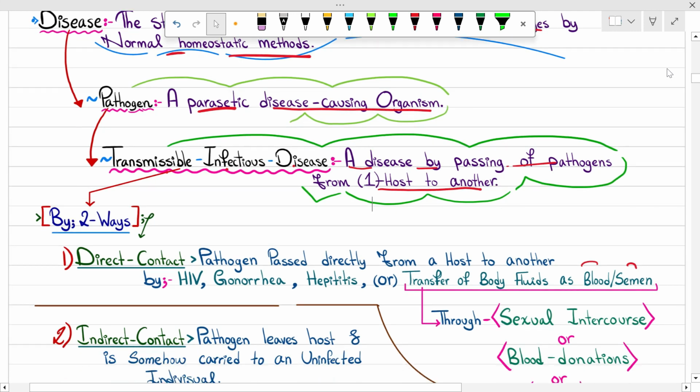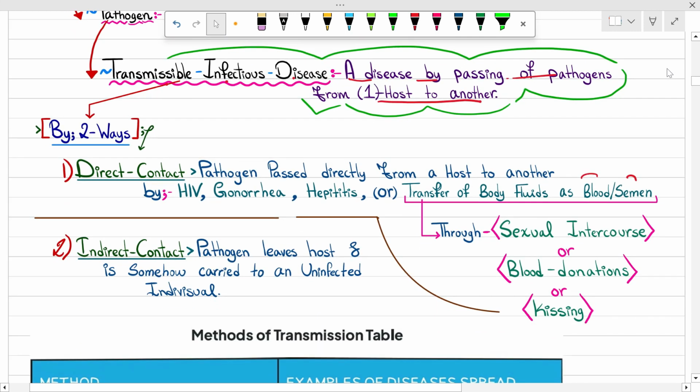Transmissible infectious diseases can be transferred in two ways. The first one is by direct contact. The second one is by indirect contact. By direct contact, we mean that the pathogen is passed directly from a host to another by these methods: HIV, gonorrhea, hepatitis, or the most common one, transfer of body fluids such as blood or semen.